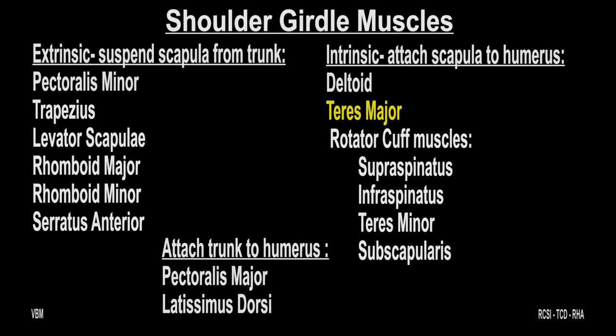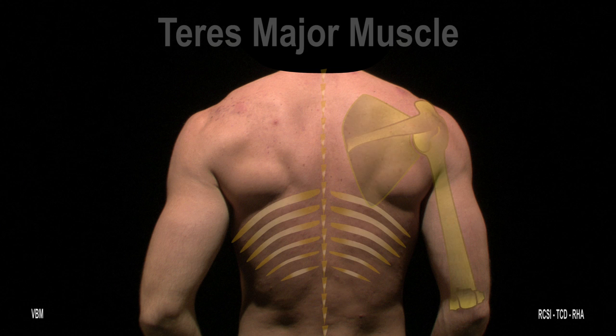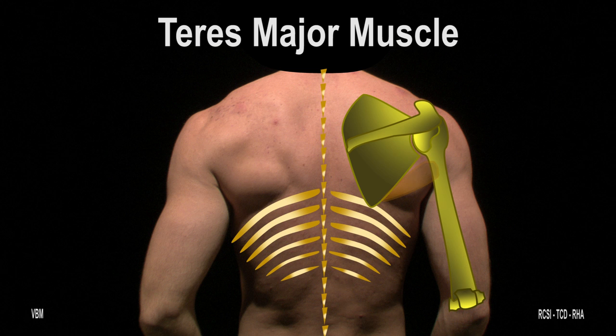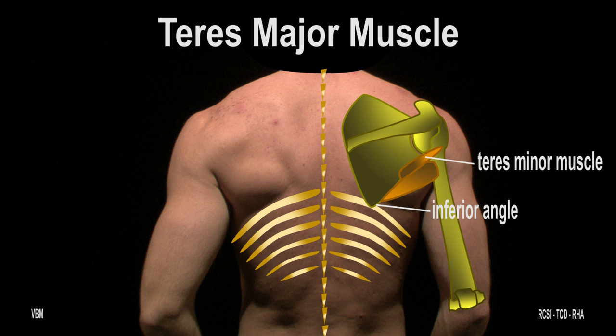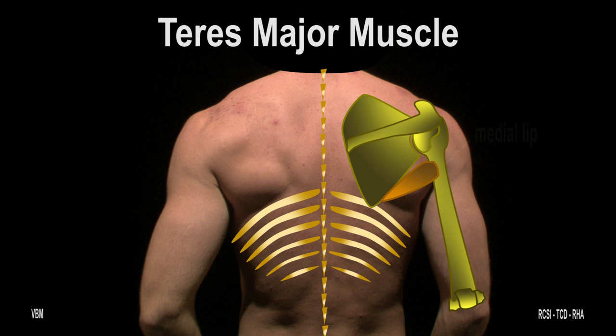Teres major muscle. The teres major muscle attaches the scapula to the humerus. The teres major muscle arises from the lateral side of the inferior angle of the scapula below teres minor. It inserts into the medial lip of the bicipital groove of the humerus.